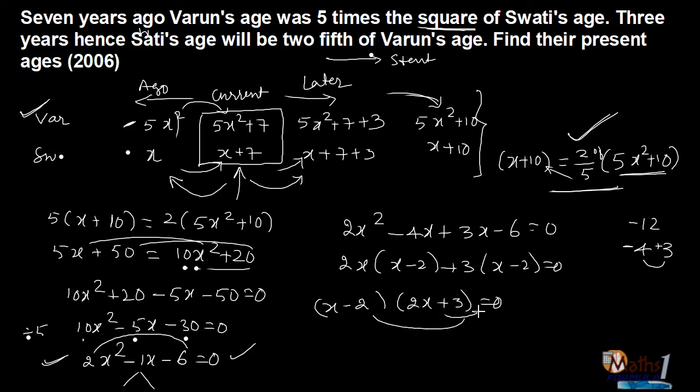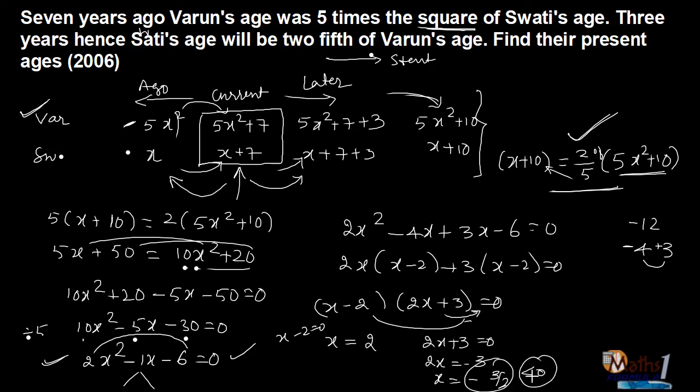If I equate both of them to 0, x minus 2 equals 0, x equals 2. Similarly, 2x plus 3 equals 0, 2x equals minus 3, x equals minus 3 by 2, which is less than 0.